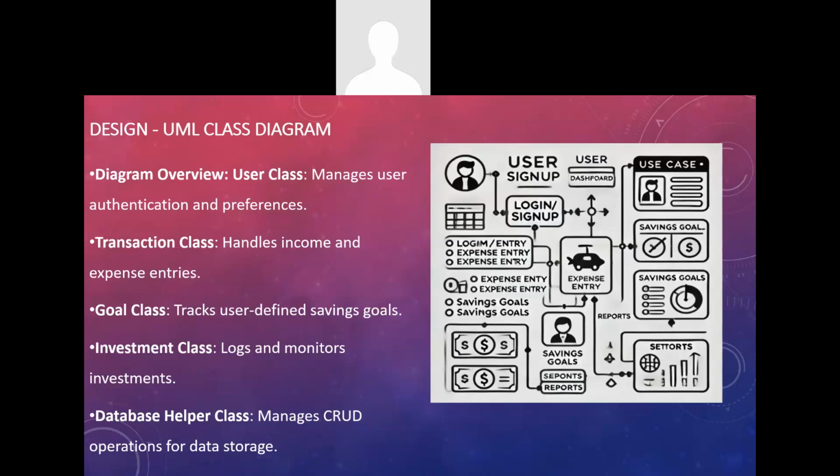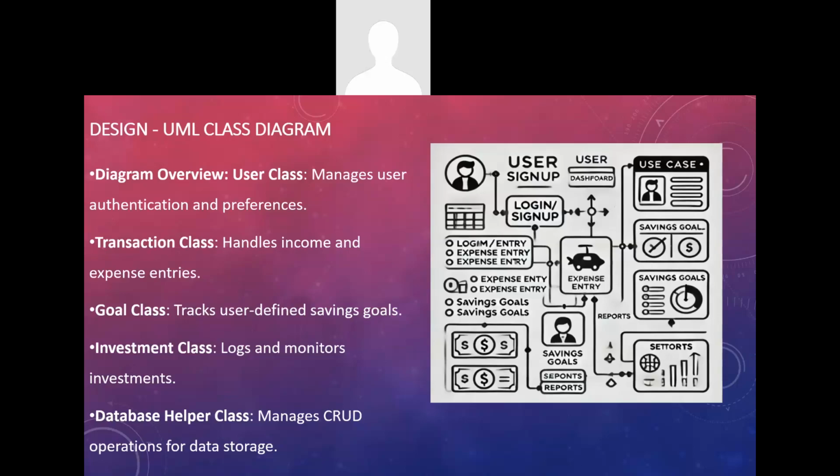For example, the Transaction class handles the creation, modification, and deletion of income and expense entries. We also have a database helper class which manages all the interactions with the database, ensuring the data is saved securely and retrieved quickly.